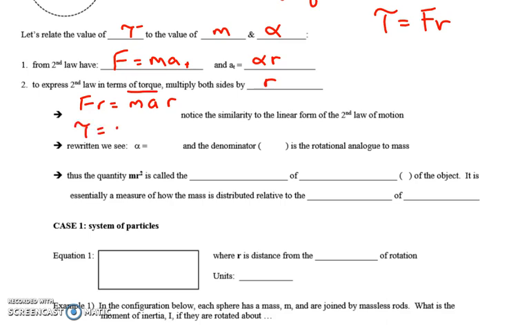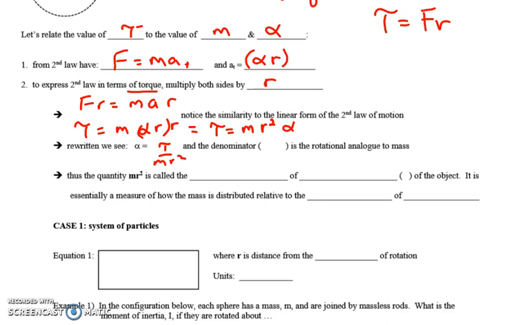M is still going to be m. A we saw is equal to alpha times r, and we still have it multiplied by r. So if we simplify that, we have tau equals m times r squared times alpha. Now let me rewrite that. We have alpha equals tau over m r squared. And that's kind of what we're after.